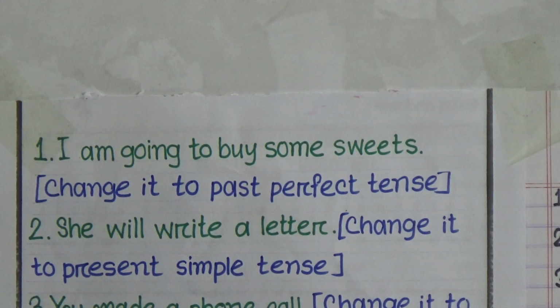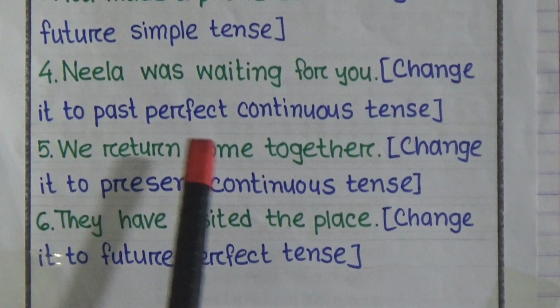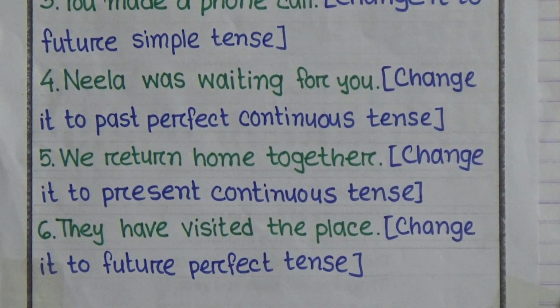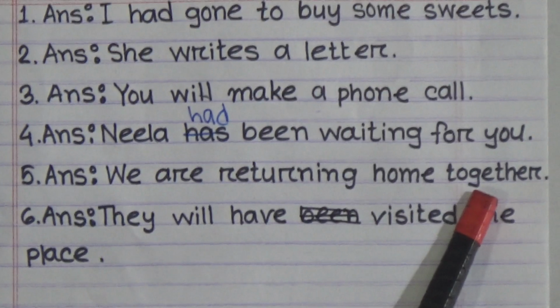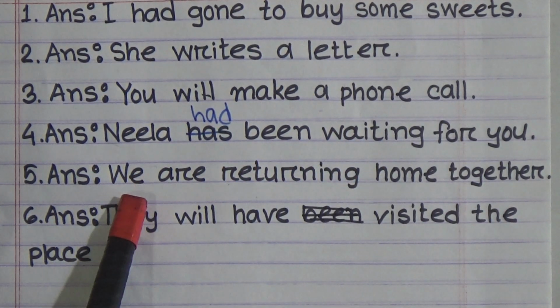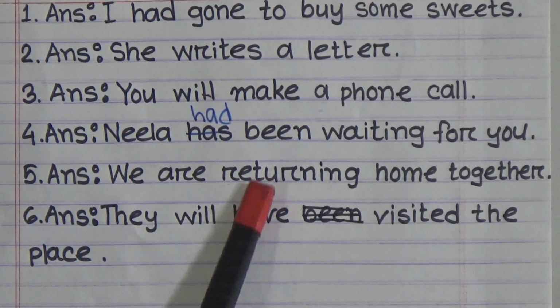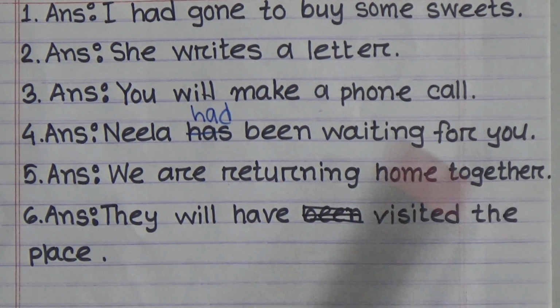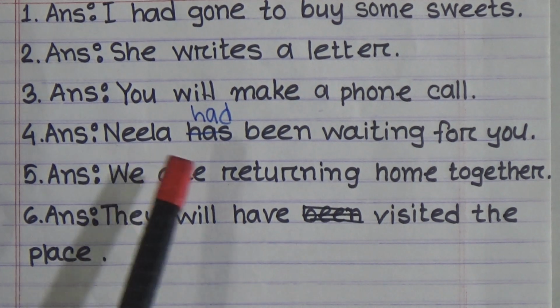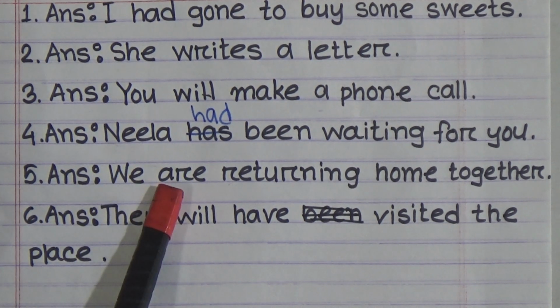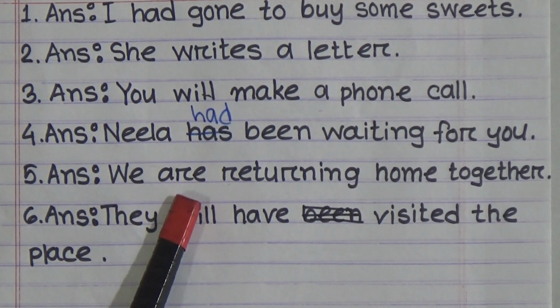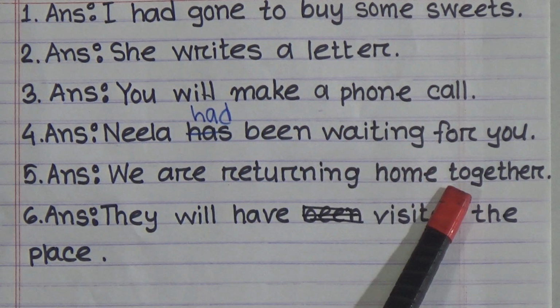So maintaining this rule, we have to change this sentence into present continuous tense. So for this sentence, we can say we are returning home together. The structure of present continuous tense is subject plus am, is, are, then ing with the verb, then object plus extra. Here subject is we, so we have to use are. With we have to use plural form. We are returning home together.